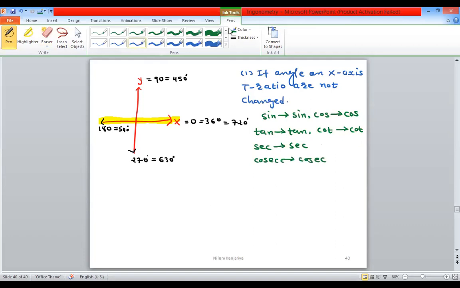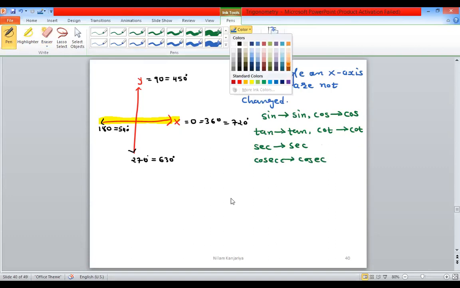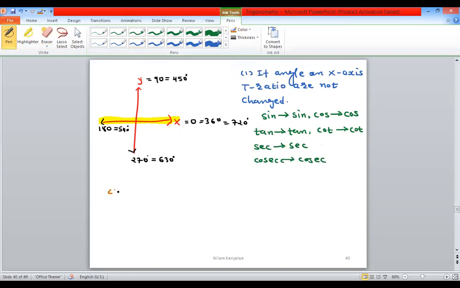But if your angle is on the y-axis, the T ratio will be changed.